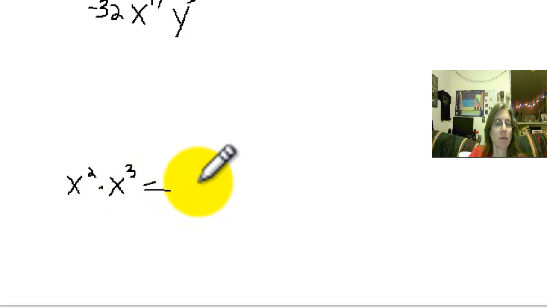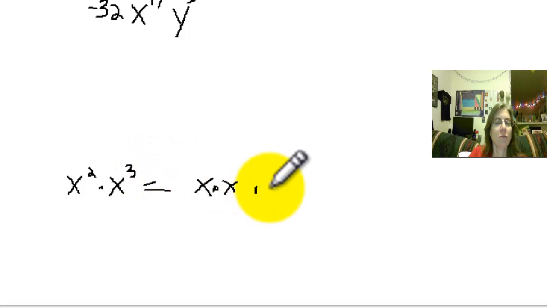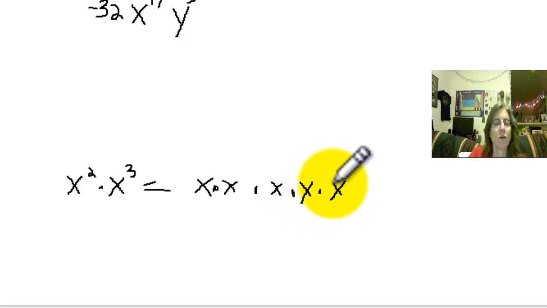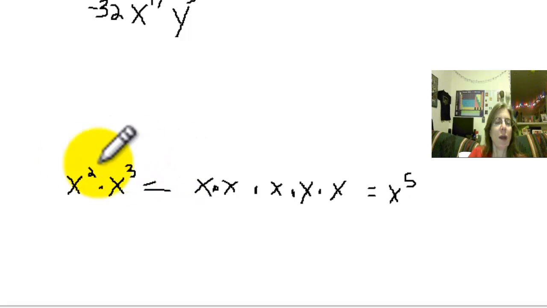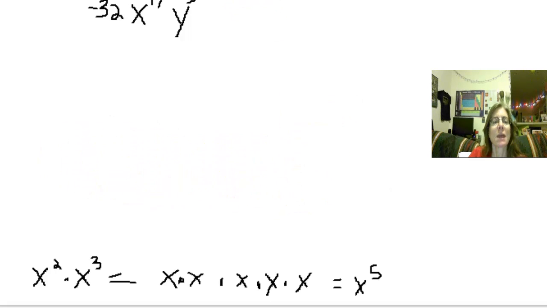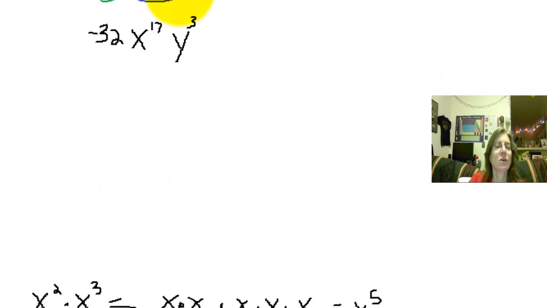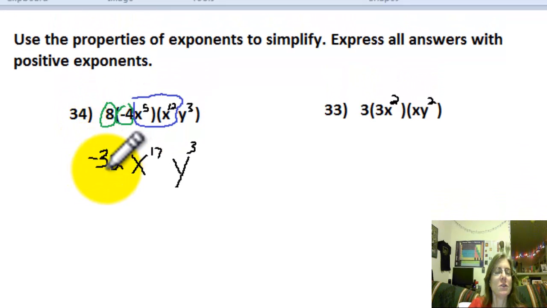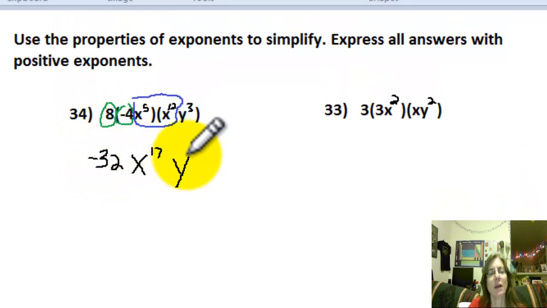What you have is x times x, that's what x squared is, times x cubed, so that's x times x times x. So you have 1, 2, 3, 4, 5, that equals x to the 5th. That's why the exponent rule, when you're multiplying, you add exponents. That's why you do it. So then the simplified answer to 34 is negative 32 times x^17 times y^3.